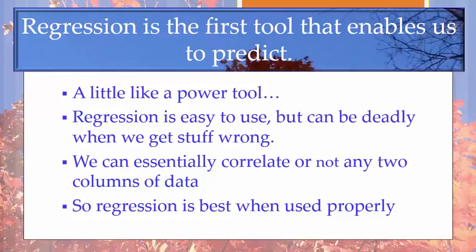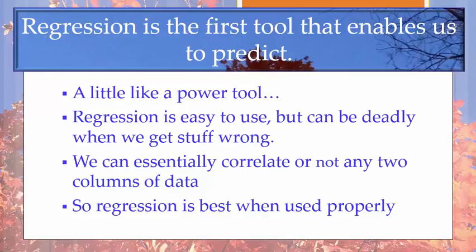So just because you have correlation, it does not mean that you have causation, and it doesn't mean that two things go together. And that's why when we went about our research project, we started with studying the theory, studying the ideas. Then we put the ideas together to predict something. So this is a really important piece about regression.